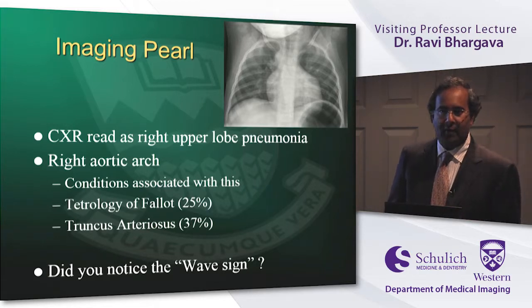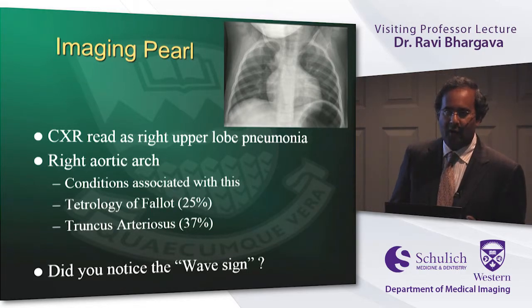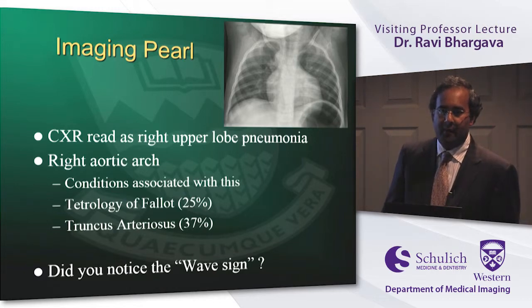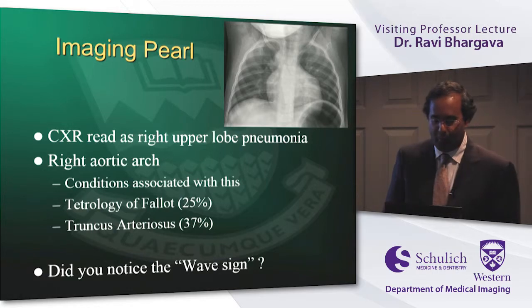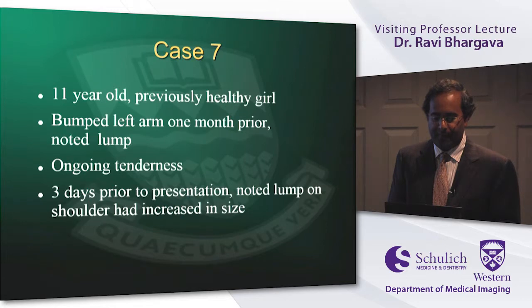But tetralogy of Fallot is so much more common than almost every other congenital cardiac condition, so that when you see a right-sided aortic arch, you should be concerned about tetralogy of Fallot. So again, just notice the wave sign as a coincidental finding on this radiograph.